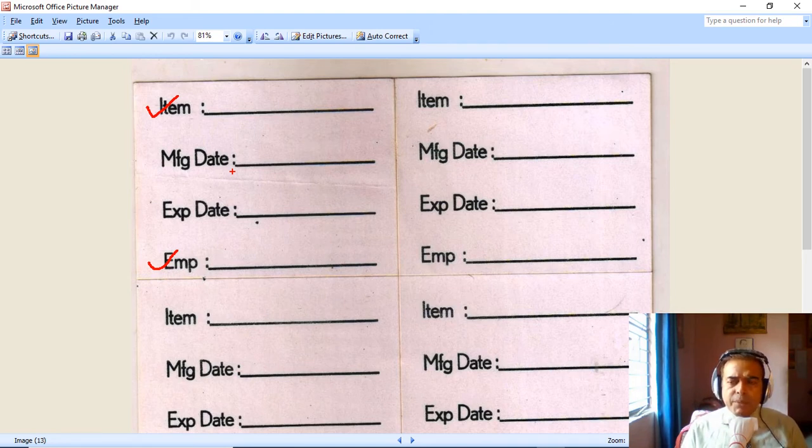And a hotel, being a hospitality organization, uses food to a large extent, and therefore we must have a proper system in place that items are labeled, marked, employees are made accountable for all these items, and things are issued either on LIFO principle or FIFO principle. LIFO is last in first out and FIFO is first in first out.